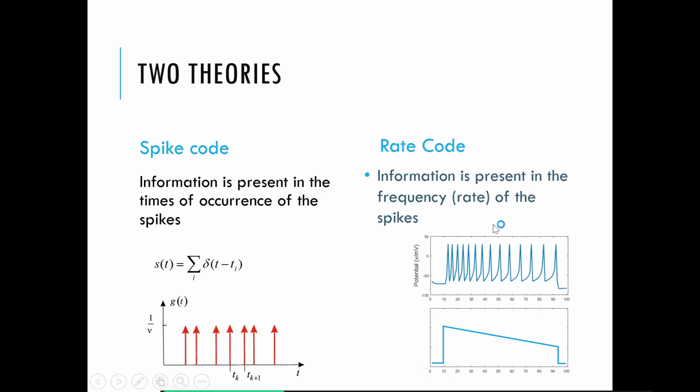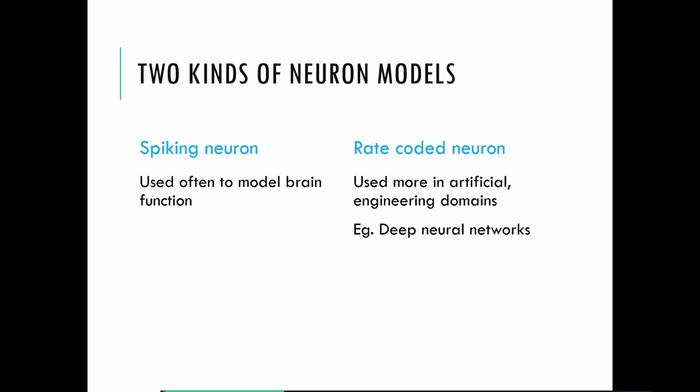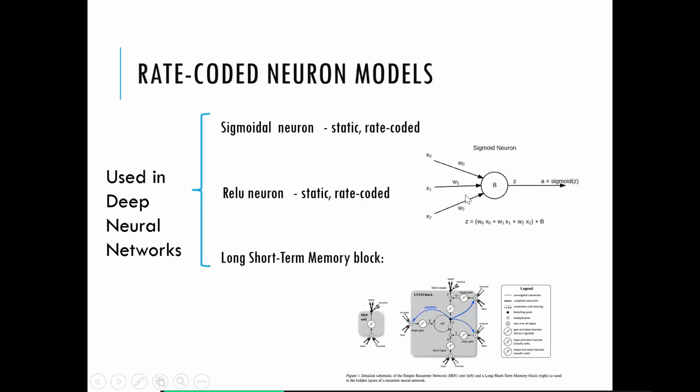All your deep neural network neurons, the sigmoid and ReLU, are based on the assumption that the information is in the form of a rate. So you have spiking neuron models which produce spikes, and rate-coded neuron models which produce a scalar variable output denoting the rate. All your deep networks are based on rate-coded neuron models.